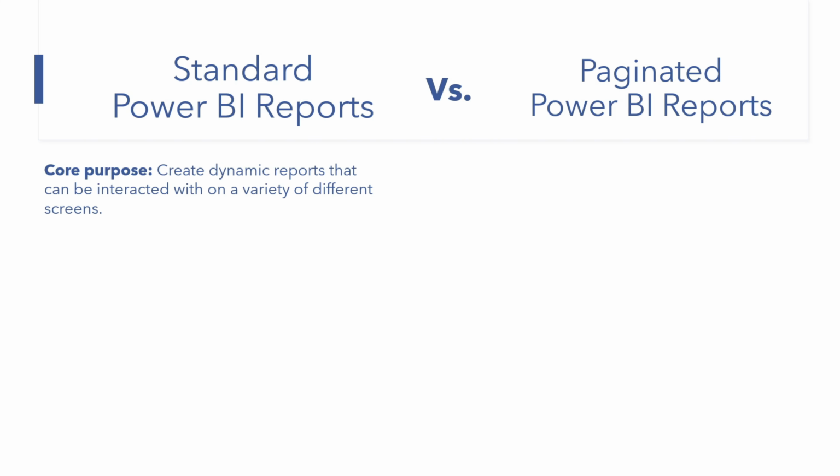In the same way, Power BI standard reports need to fit everything from an iPhone to a large conference room display. That requires the reports to basically work like spandex to expand and contract. And that flexibility requires things like scroll bars to shrink and stretch.